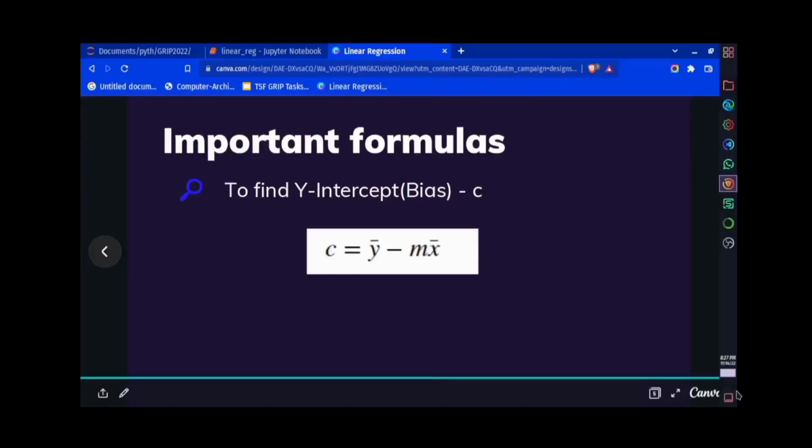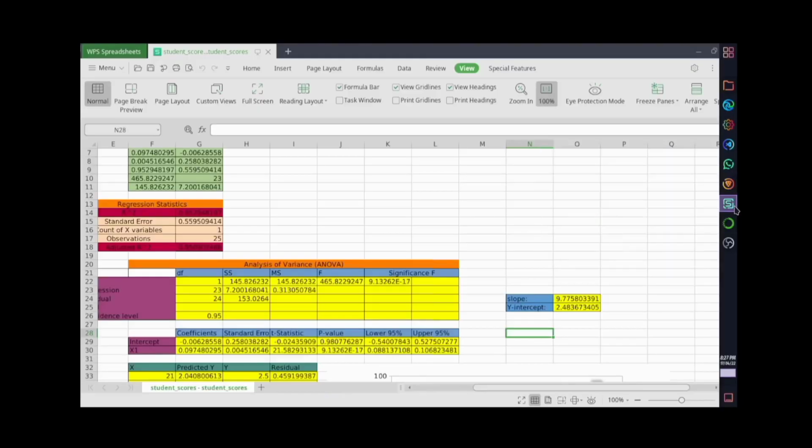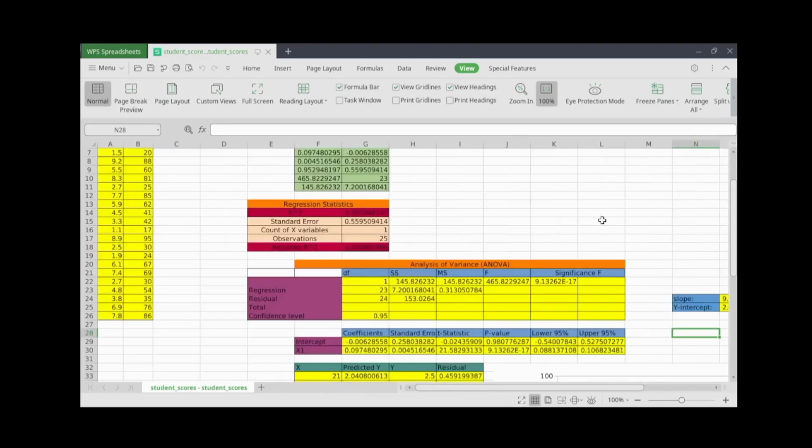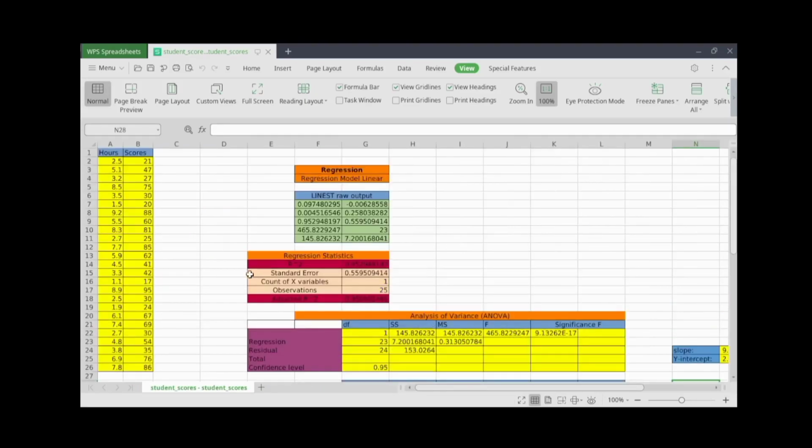Before we solve using Python, let's go to Excel to learn more about linear regression using the given dataset. Here is the given dataset, and we have found the regression using Excel.